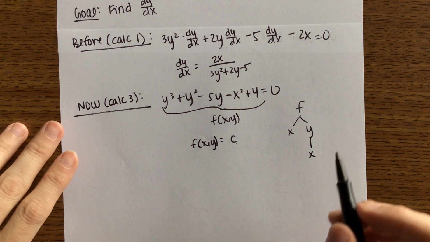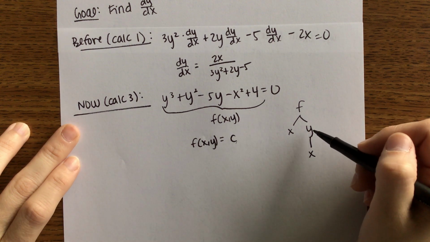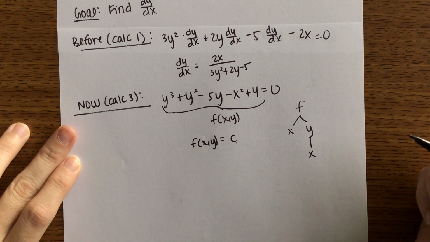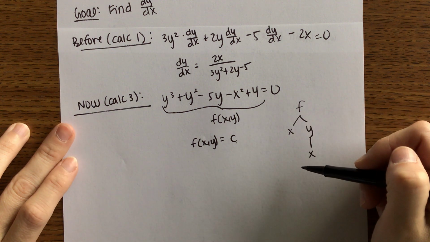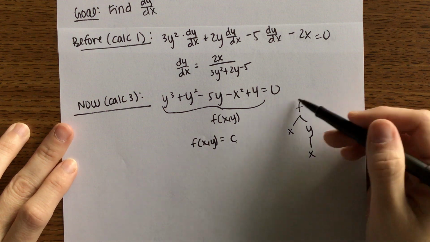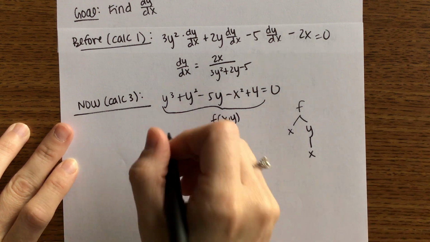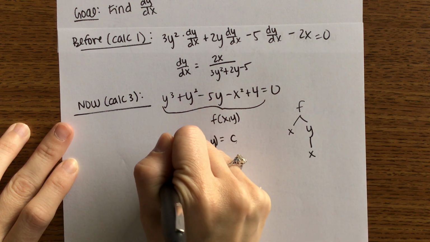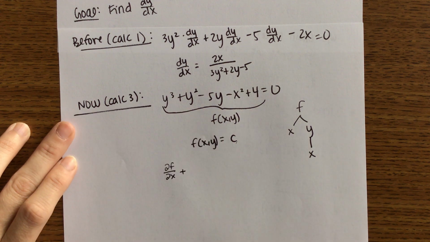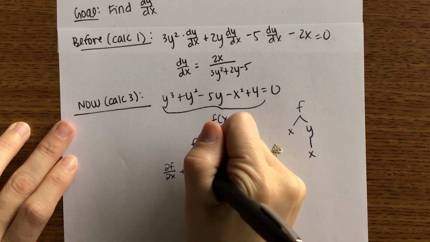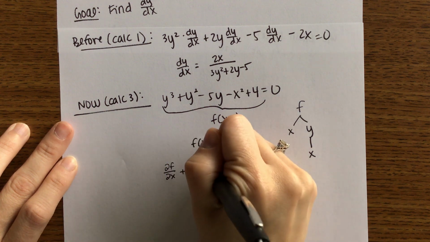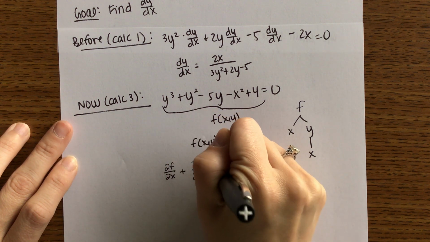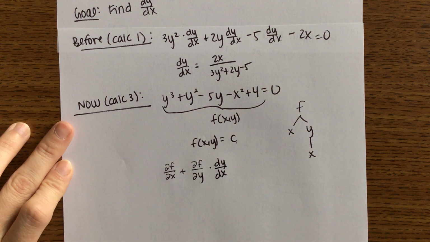Okay, so then what we're going to do is treat y as a function of x, just like you did in Calc 1. So if we want to do the chain rule here, we would take the partial of f with respect to x, and then we would take the partial with respect to y times dy/dx.